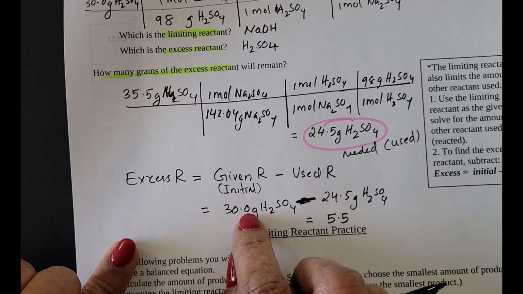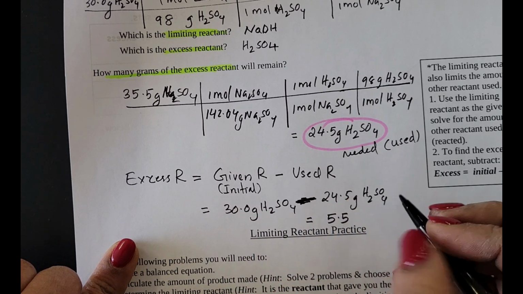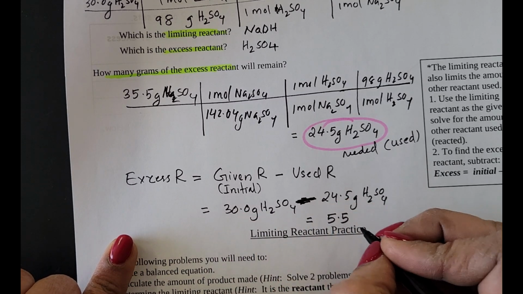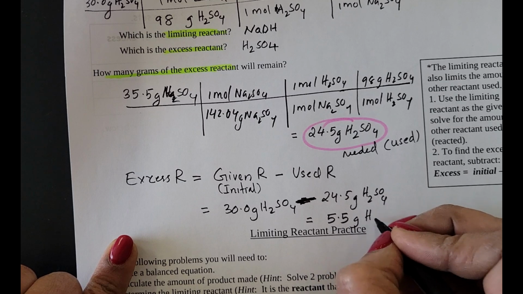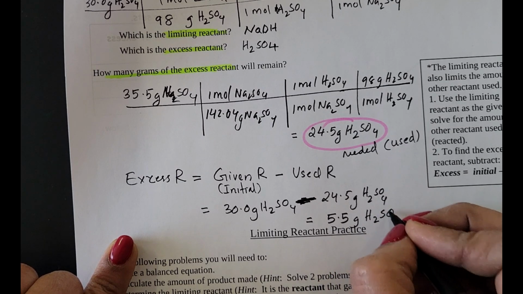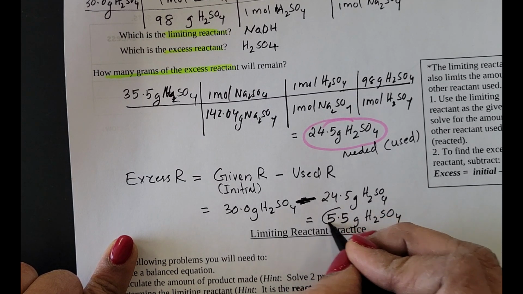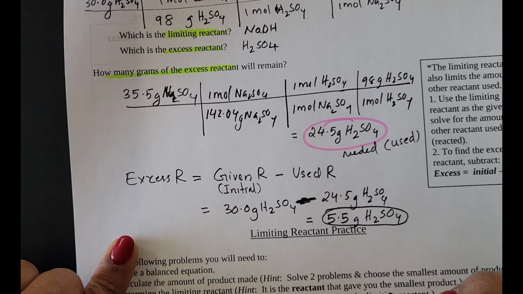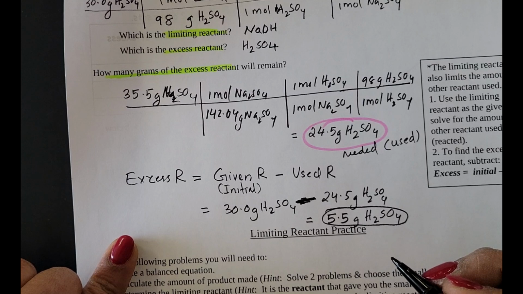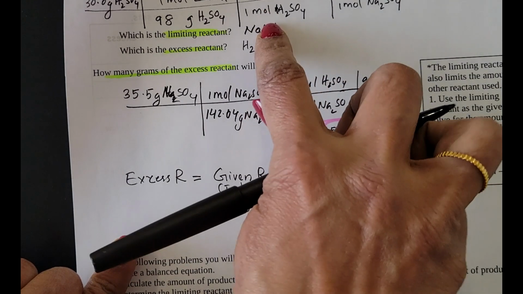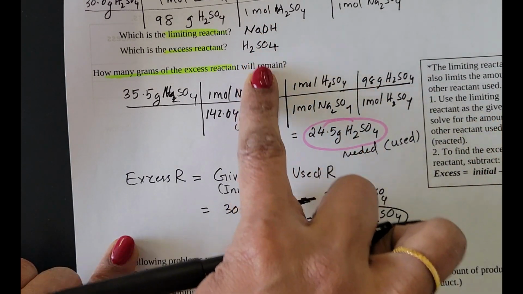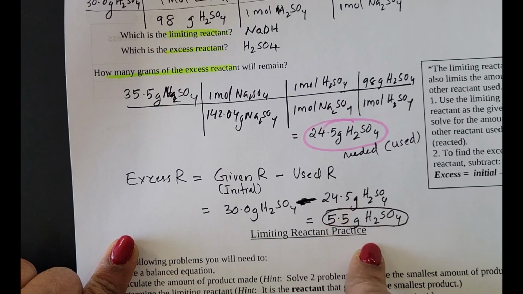You have to follow the lowest decimal. That is only one decimal, not the sig figs for subtraction. So the final answer for that one is 5.5 gram of sulfuric acid. This is how we decide the limiting reactant and excess reactant and calculate the excess reactant.